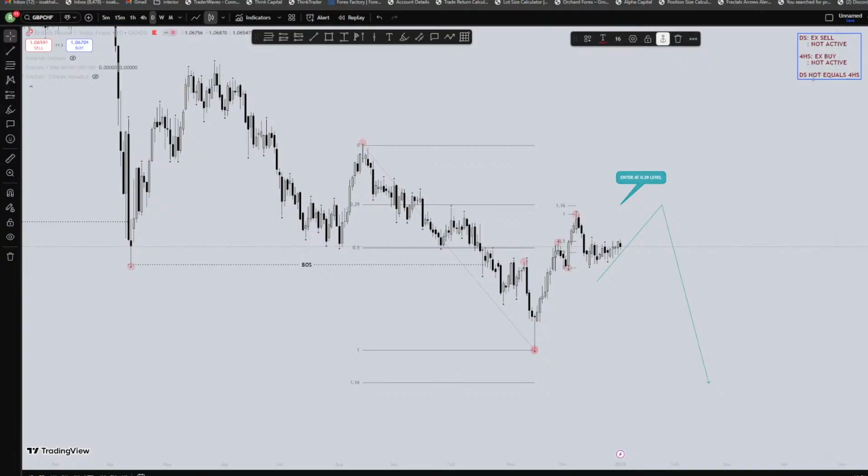So since we have conviction that price will push higher, tap us in here.